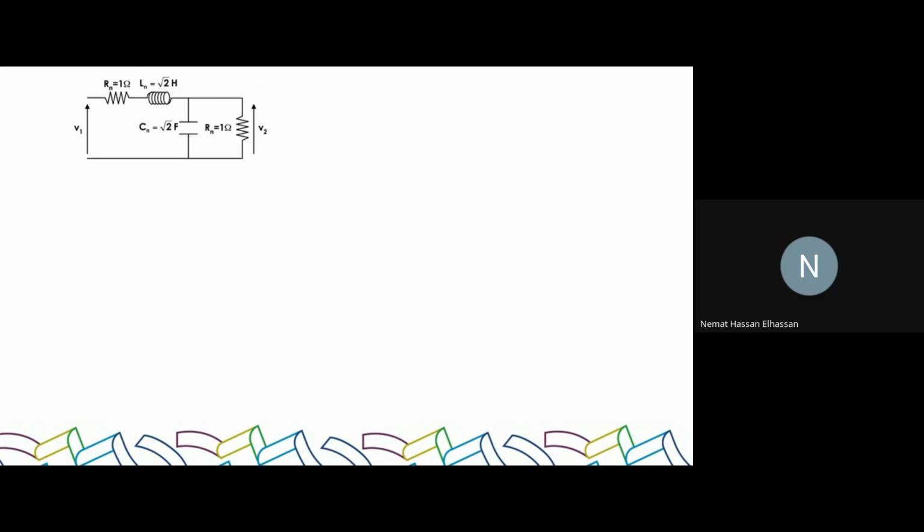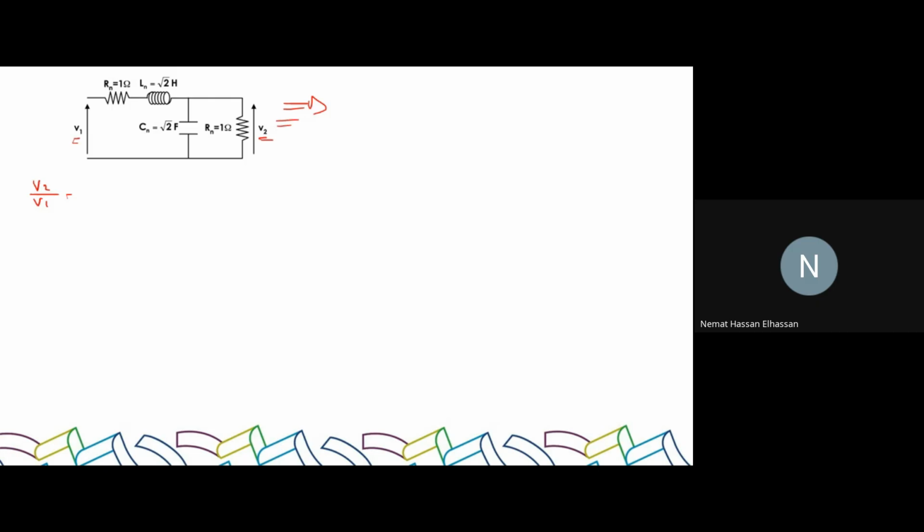This doesn't look like the simple RC circuit that we studied last week, right? But what does it offer? It offers stability because it's a Butterworth filter. So the gain will be stable and flat. And just to confirm that this is in fact a filter circuit, all you have to do is calculate the transfer function, V2 over V1. So if you look here, the circuit can be restructured.